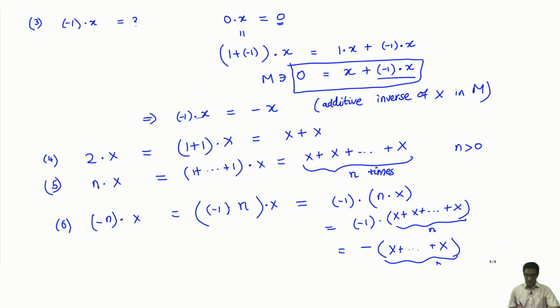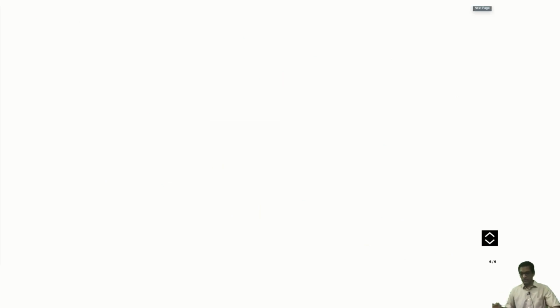If n is a positive number, then n dot x is just add x with itself n times. If instead of n I take minus n, a negative number, then that answer is just minus of x added with itself n times. So this just tells you that this is all forced by the axioms.